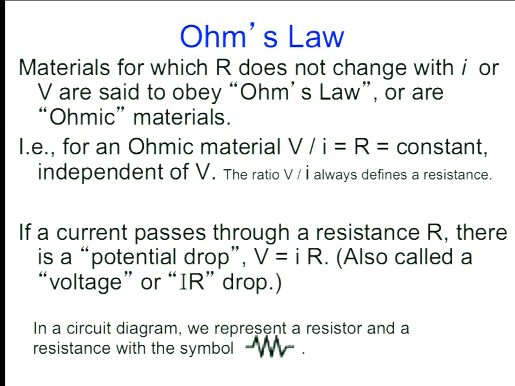So delta V being IR, if R is zero, there's no voltage drop on the wires. This is an approximation, because wires, in fact, do have resistance, but unless we say otherwise, we're going to assume that the wires have zero resistance. So that when the current comes back here, it has the same energy as this point.